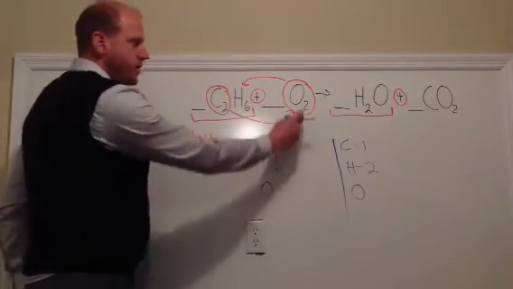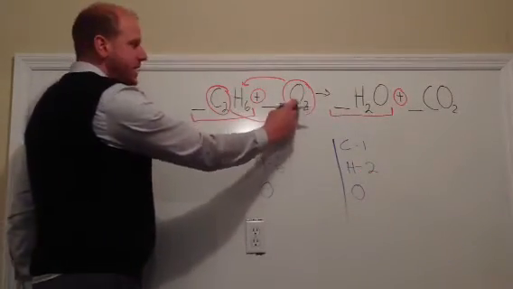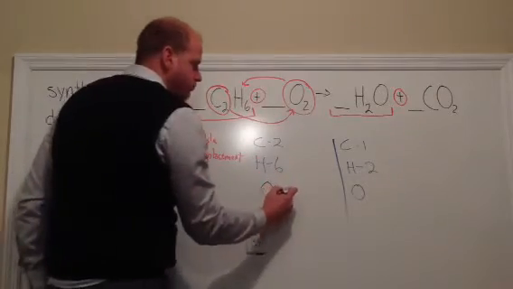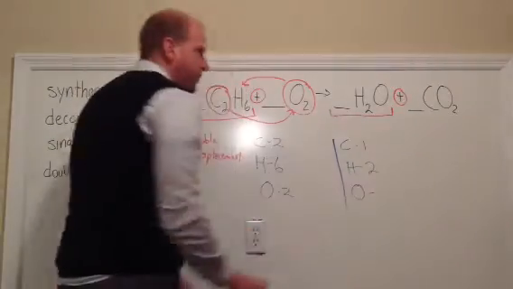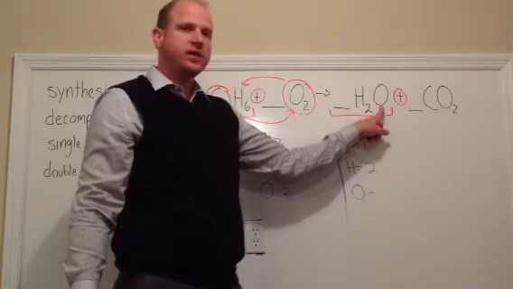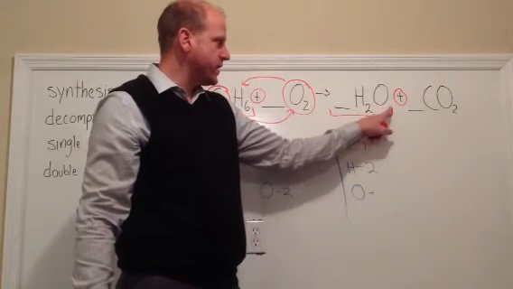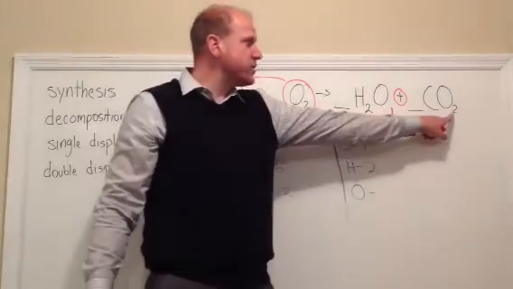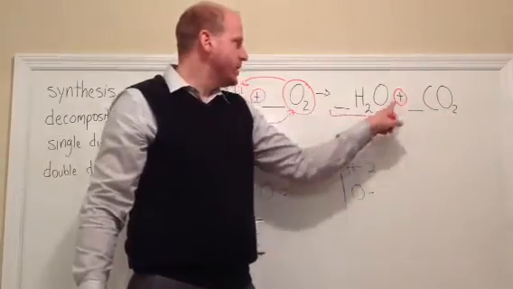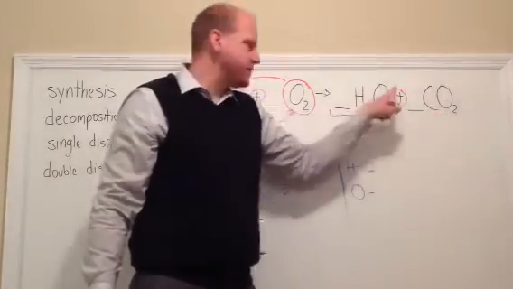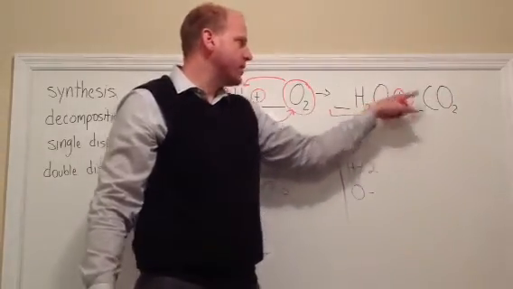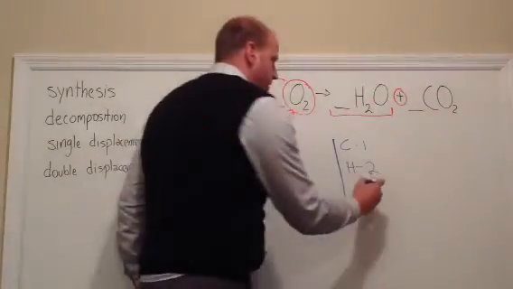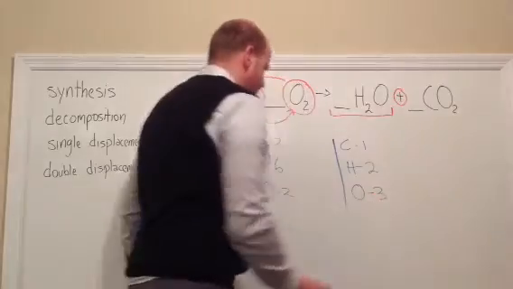My oxygen, on my reactant side, I just have 2 oxygen. On my product side, I have 1 oxygen in my first term, because there's nothing following the O, so that tells me there's 1 oxygen. But I have 2 oxygen in my second term. So I add these together: 1 plus 2 gives me a total of 3 oxygen.